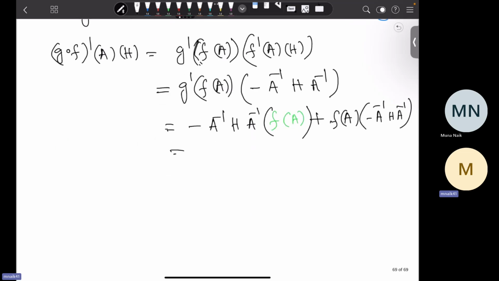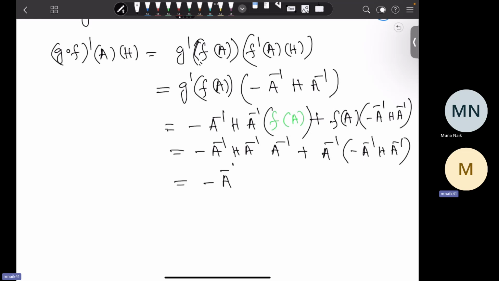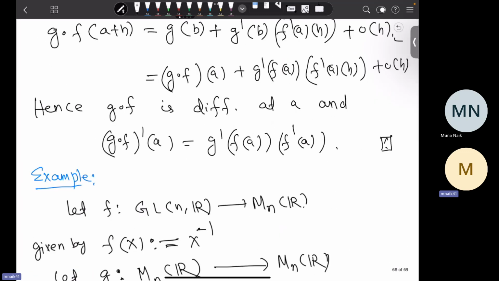So this is minus a inverse h a inverse, and f of a is a inverse, plus a inverse times minus a inverse h a inverse. This is minus a inverse h a to the power minus 2, minus a to the power minus 2 h a inverse. Okay, so this is clear.